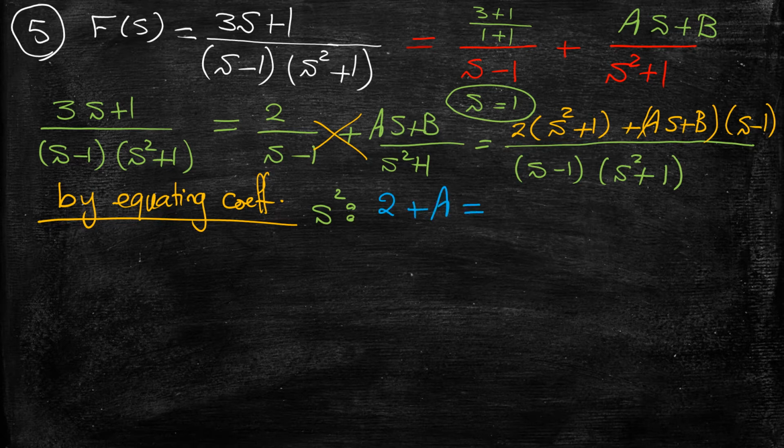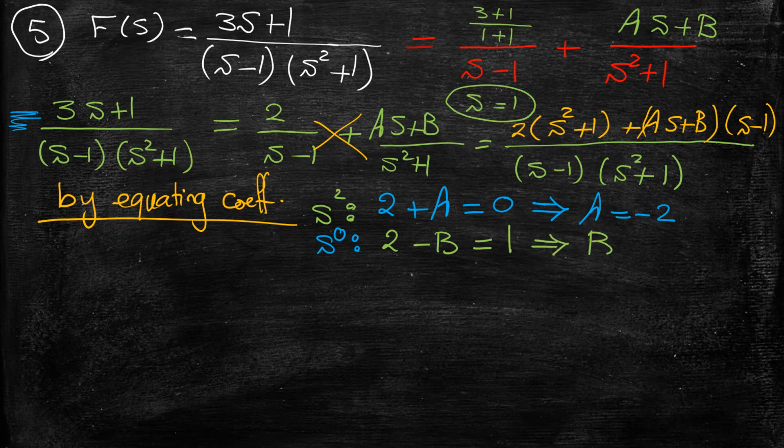On the opposite side, there is no s squared, so it will be 0. Then it means a equals minus 2. And for the coefficient of s to the power 0, we will have 2 and this part minus b, and the other side equals 1, which means this b will be equal to 1.